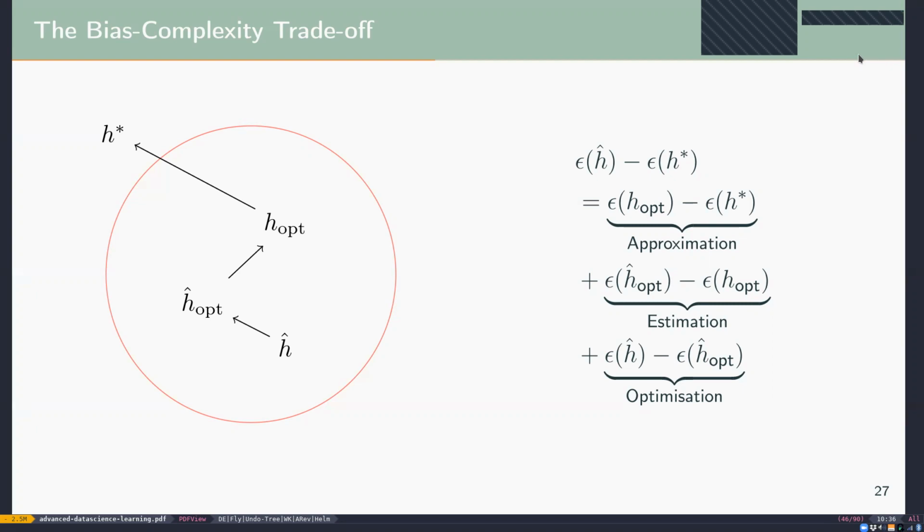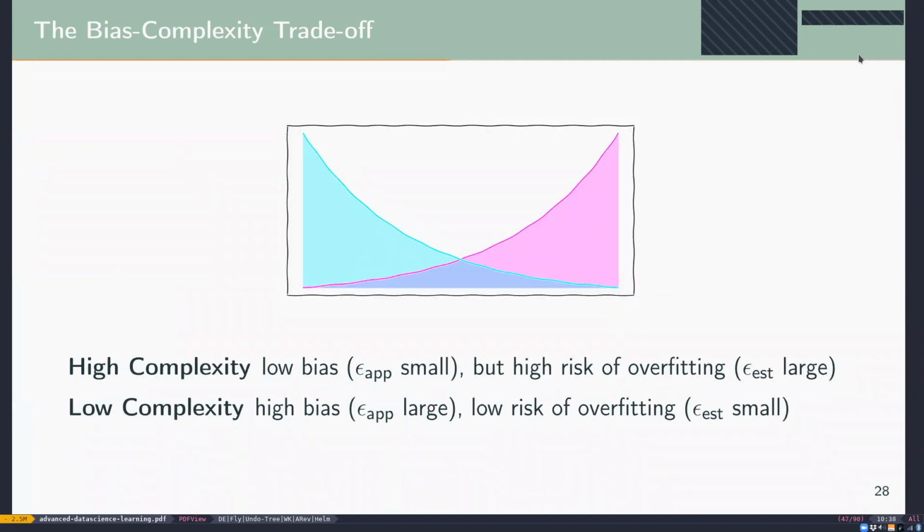And there is a concept which is often referred to as the bias complexity trade-off or the bias variance trade-off that people talk about a lot. And that is saying that if I place a huge complexity in my class, so I make this circle massively big, then I will have a low bias in the solution that I pick.